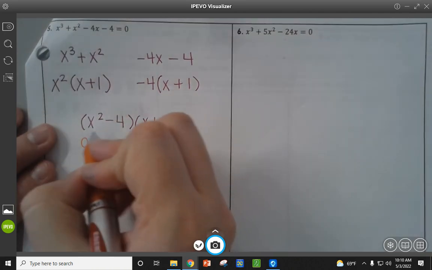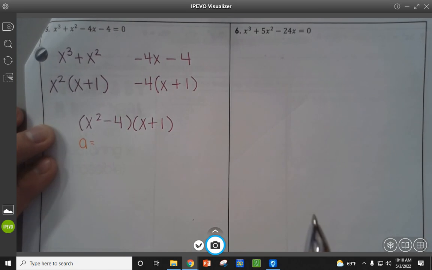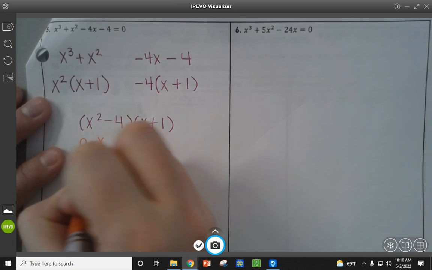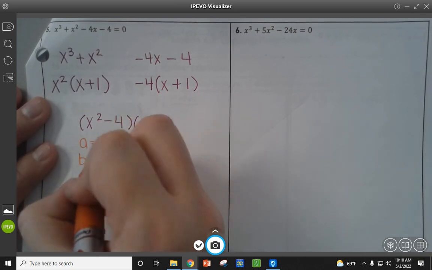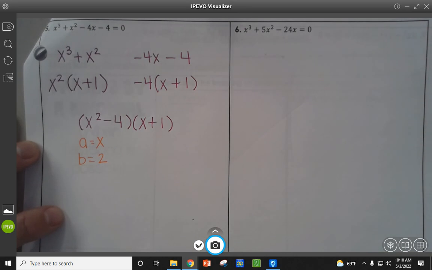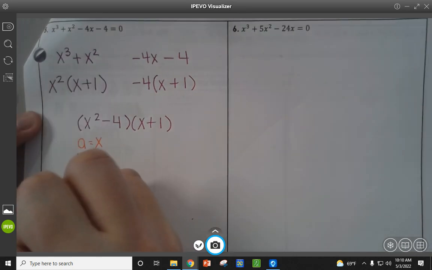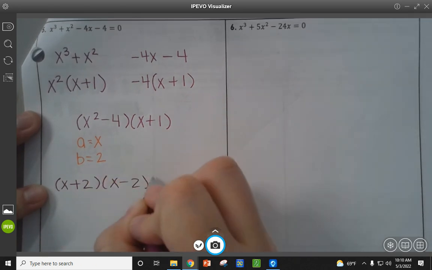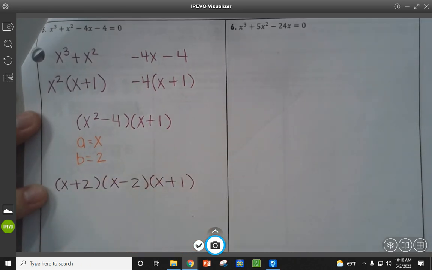So if your a is the square root of x squared, what is a? And b is the square root of 4, which is 2. So that becomes x plus 2, x minus 2, and then we still have x plus 1.